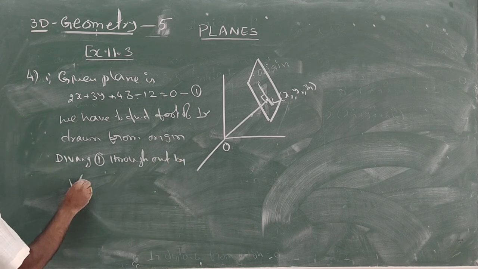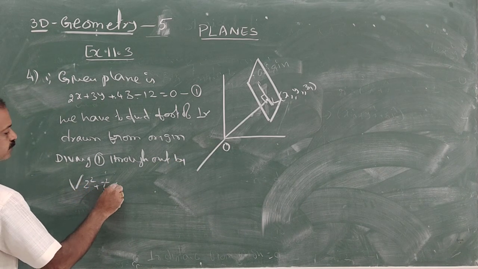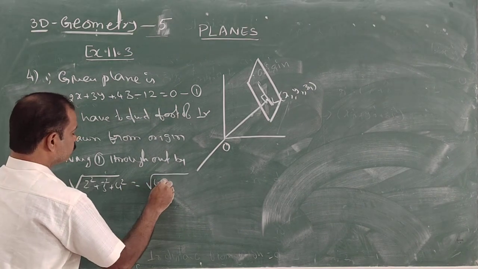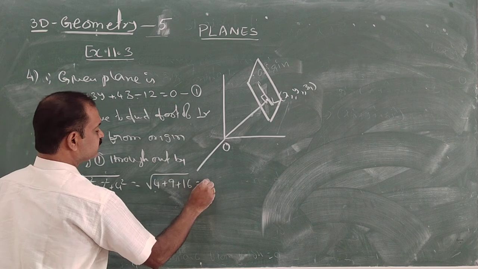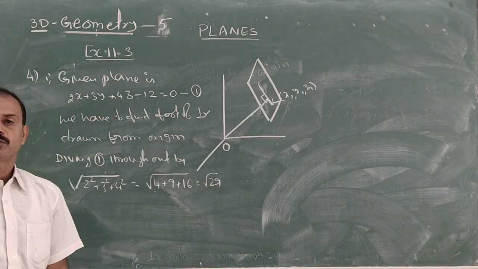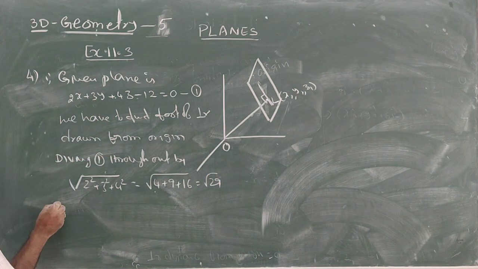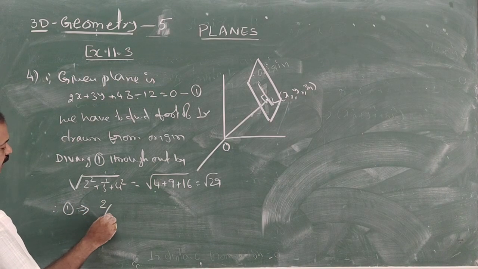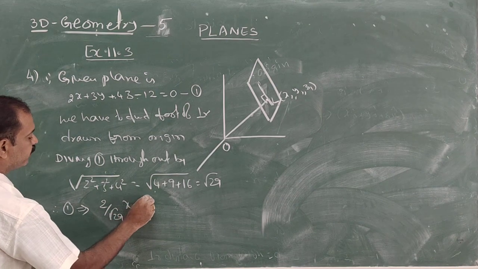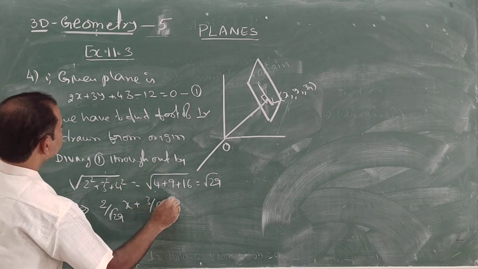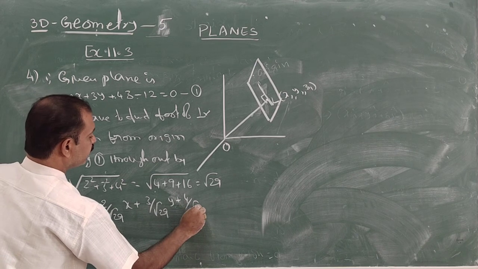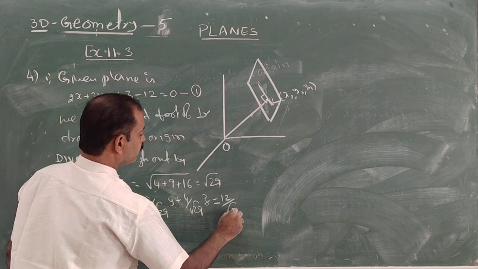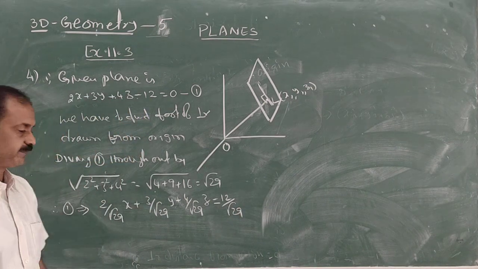by under root 2 square plus 3 square plus 4 square, which is equal to under root 4 plus 9 plus 16, which is nothing but root 29. Therefore, 1 implies 2 by root 29 x plus 3 by root 29 y plus 4 by root 29 z is equal to 12 by root 29.